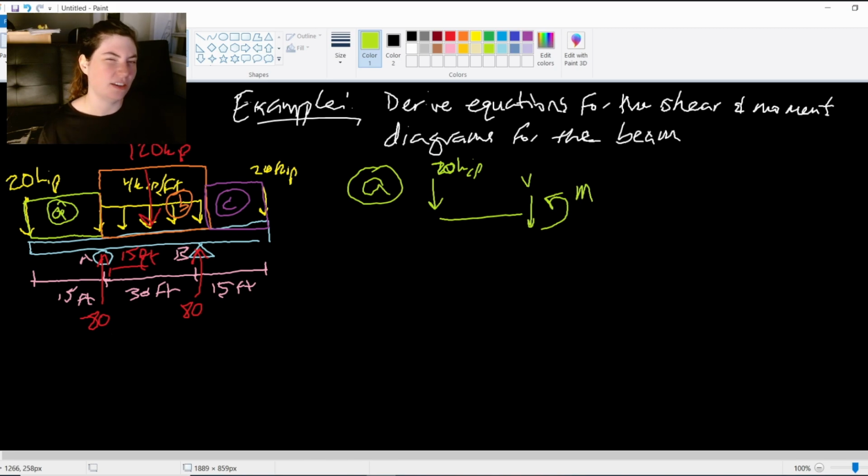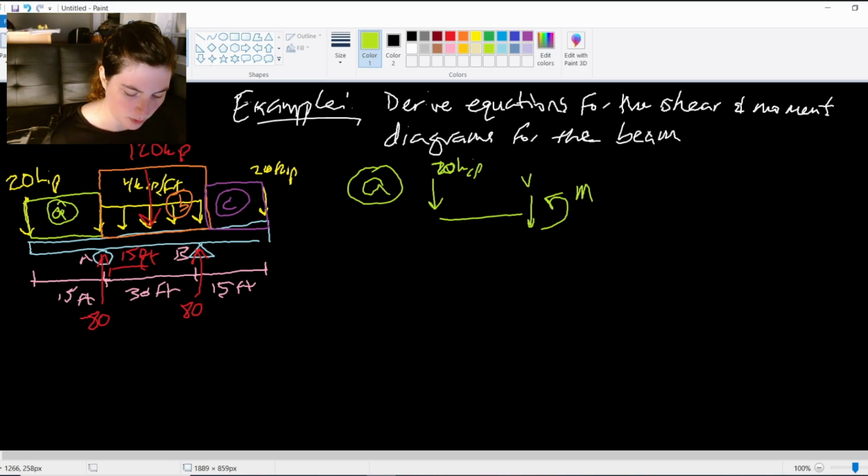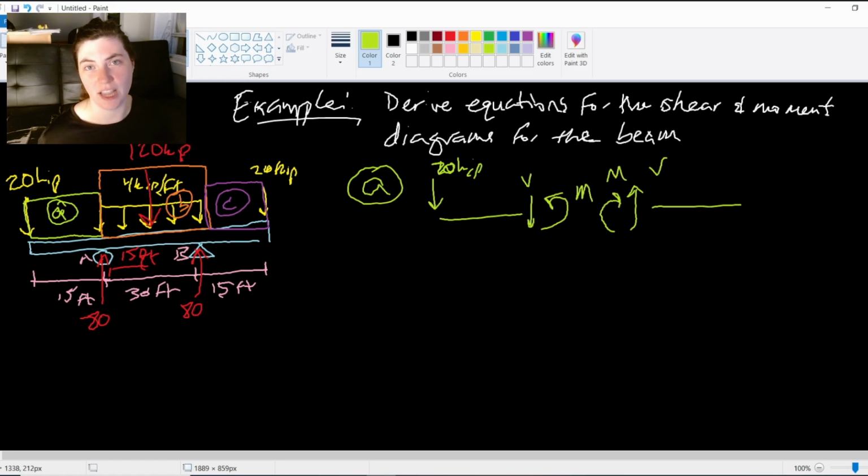I know it can be confusing to say the shear is positive if it points down, but that's how we build that into our diagrams. We assume that a down force is positive. It can be really hard to wrap your mind around the down force always being positive, but that's just how we draw these when we split this beam; the other direction is positive on the other side of the beam.